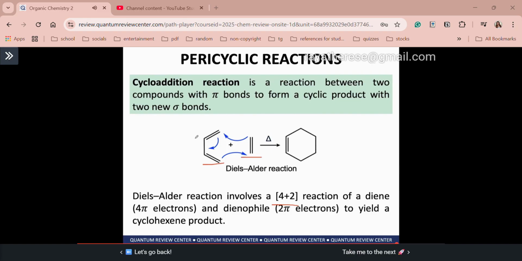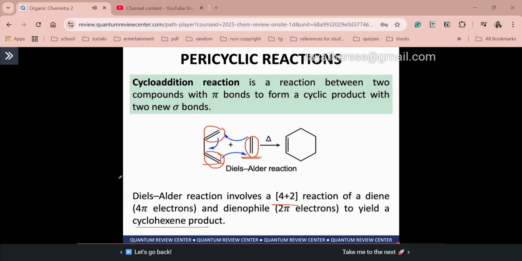Class, remember, they have 4 pi electrons as well. As you can see here, the 2 pi electrons and another 2 pi electrons, and another one for the dienophile. Again, for your double bond, recall, we have 2 pi electrons coming from your 1 pi bond. Particularly here in our example, our product is a cyclohexene product. So again, class, the 4+2 reaction is specific for your Diels-Alder reaction.